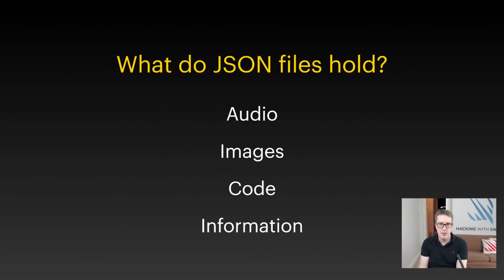Next up, what do JSON files hold? Is it audio? Is it images? Is it code? Or is it information? What do JSON files hold? Is it audio, images, code, or information? Again, JSON, JavaScript object notation, came from the JS world originally, but it's now used in Swift, in PHP, in Python, in JavaScript, C++.